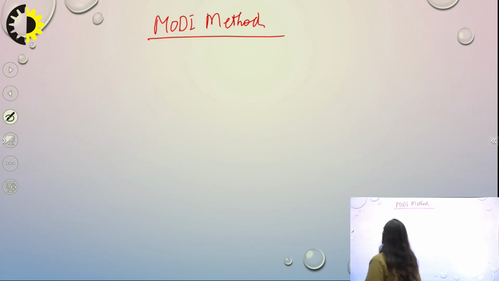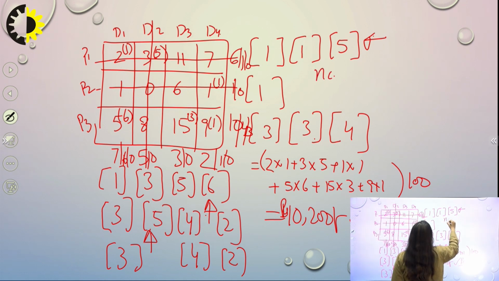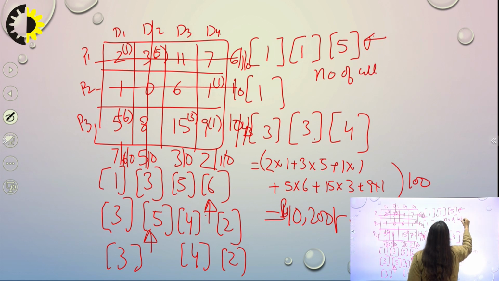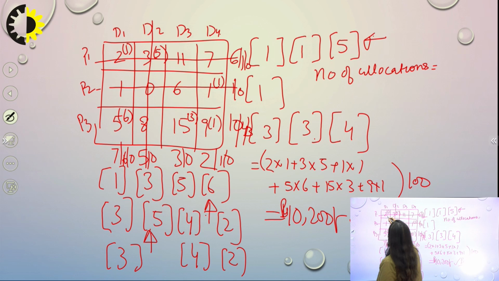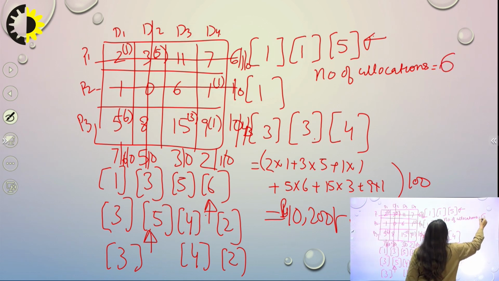What is the optimality test? Like here, we can see how many allocations are there? Number of allocations is equal to 1, 2, 3, 4, 5, 6. 6 allocations are there.